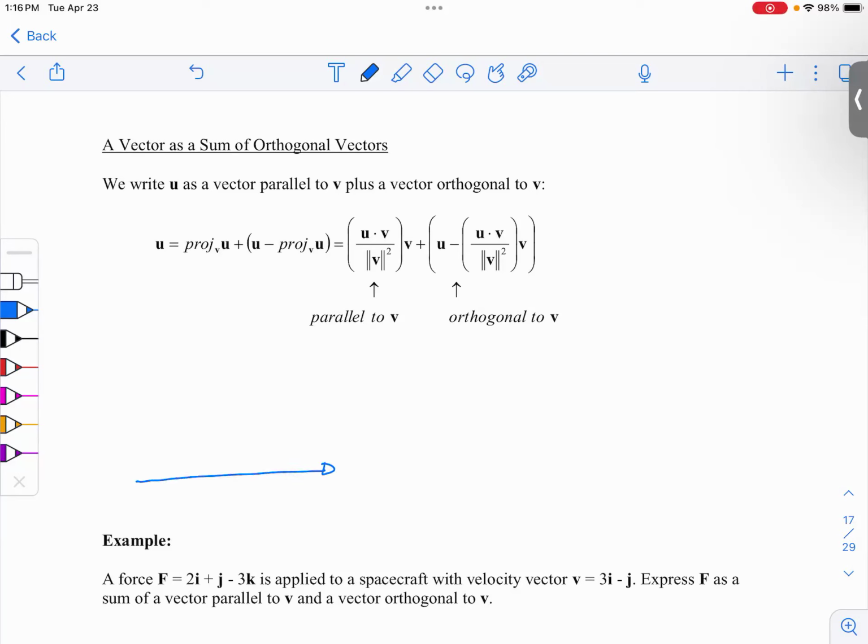And that is very, very common in physics because in physics, we're always trying to find some angle that has an x component and a y component.